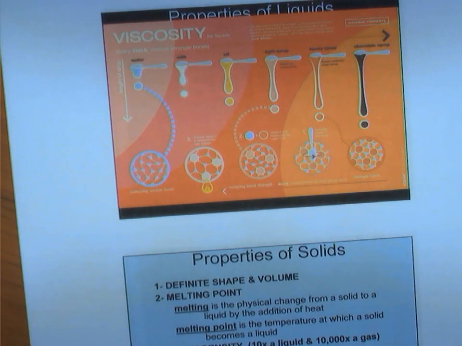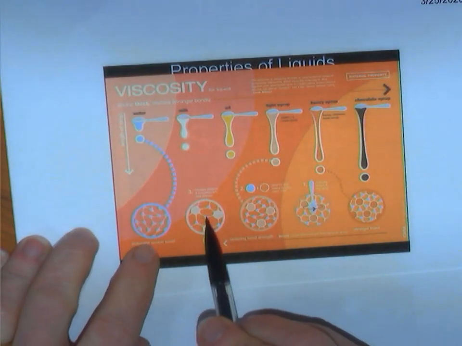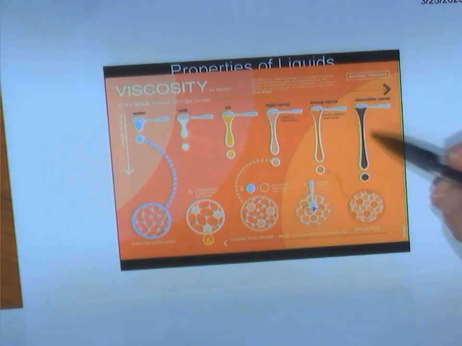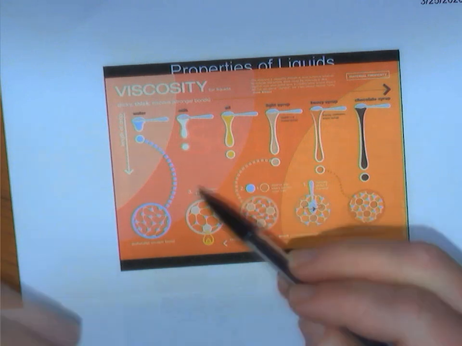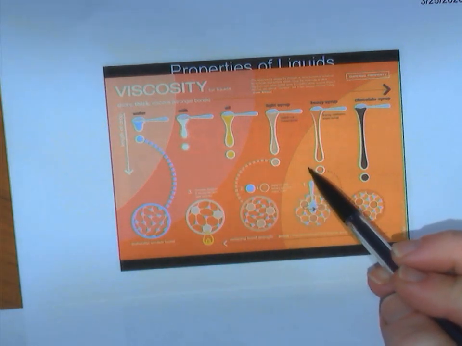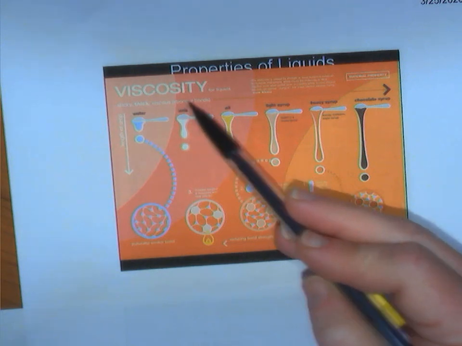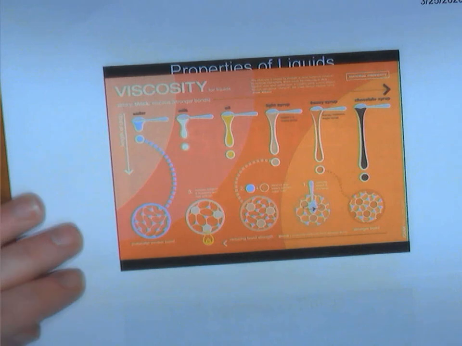This is a graphic that compares water with milk and oil and syrup, heavy syrup, chocolate syrup. We could add ketchup to this and so on. So we know different liquids have different flow rates. Well, we could explain that through viscosity. They have different viscosities and it's all based upon particle attraction.